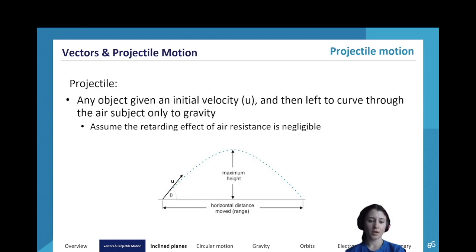So, we have an object being shot with an initial velocity u, so we denote that as u, and then it will curve through the air subject only to gravity. Alright, so this is an important concept to remember.